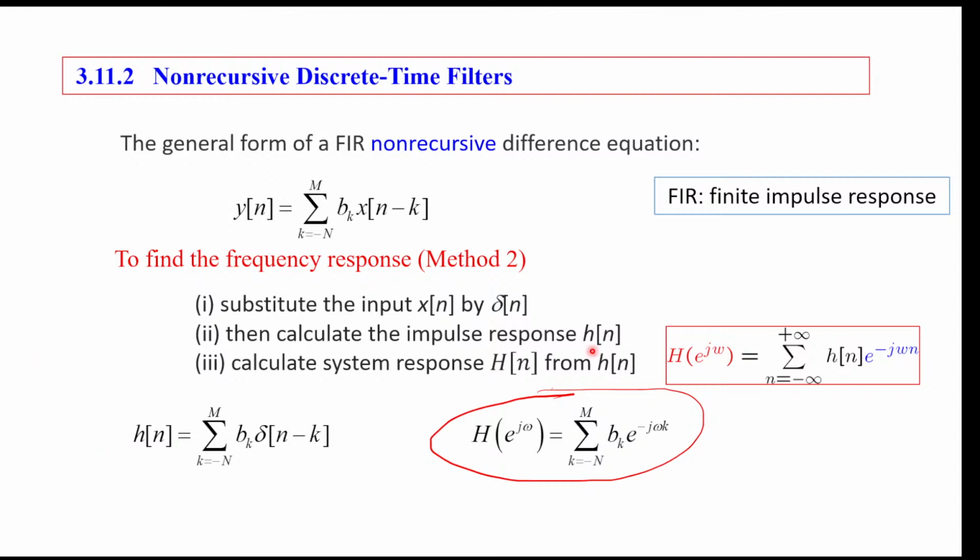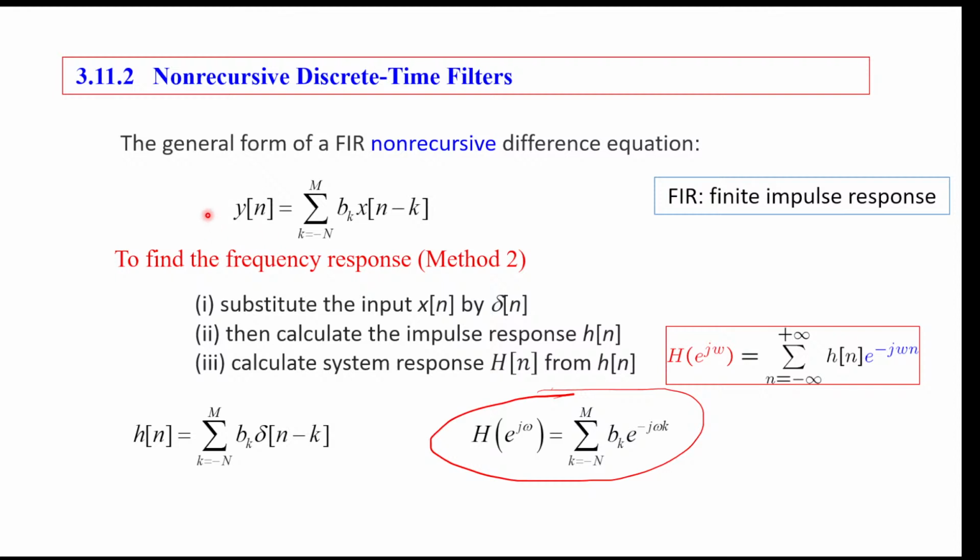And then we also have a different way to calculate the frequency response big H. We also do this in the continuous time case too. So here we basically calculate small h first and calculate big H from small h with this explicit formula. And to calculate small h, we substitute big X with small x as delta of n, and we can calculate small h.